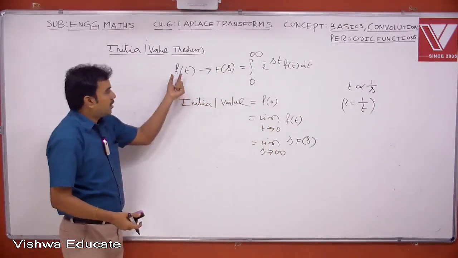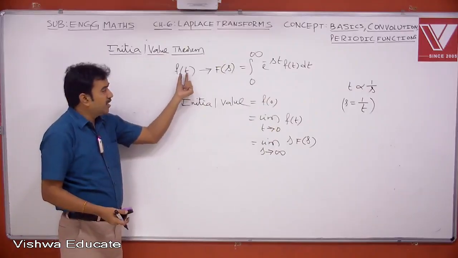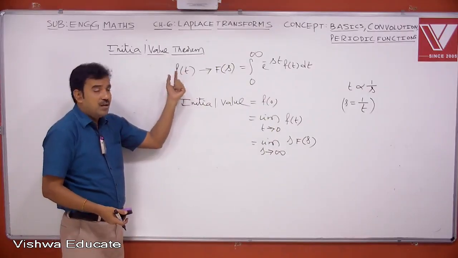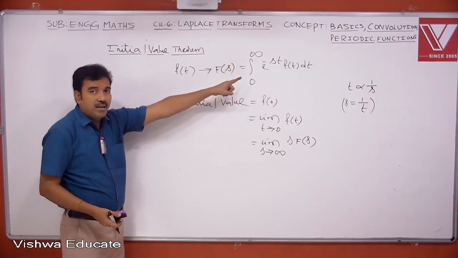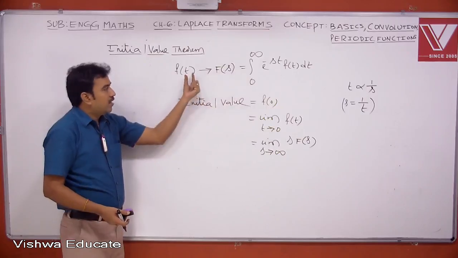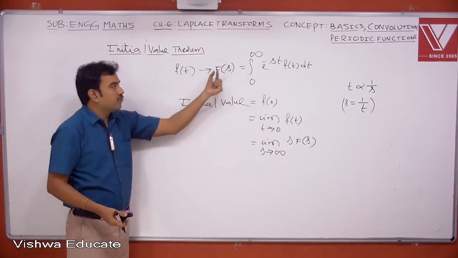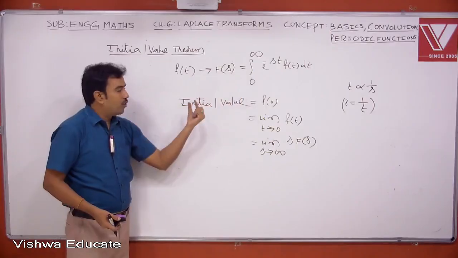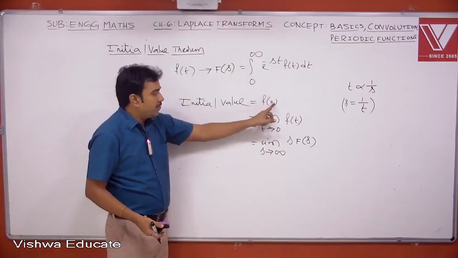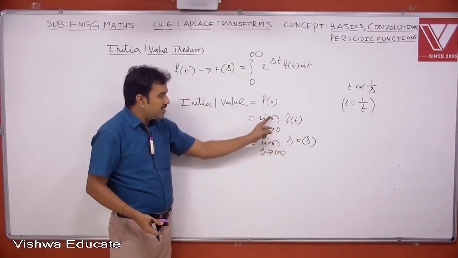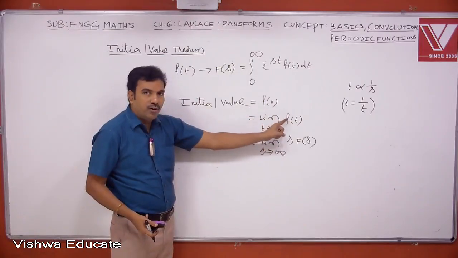This is my function f of t. Assume that its Laplace transform exists. By definition it is a definite integral, integral 0 to infinity e power minus st into f of t dt. It means that the function takes its value starting from 0 onwards. Therefore the initial value of such a function is given by f of 0, which in terms of f of t is the limit t tends to 0 of f of t.